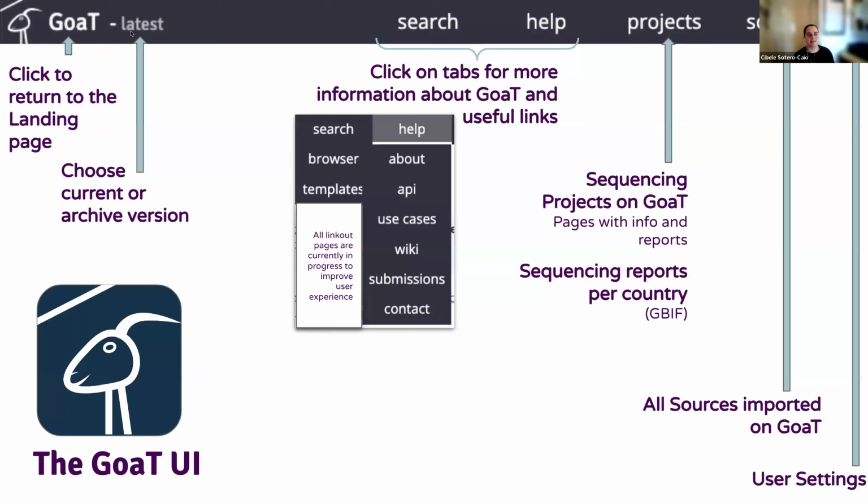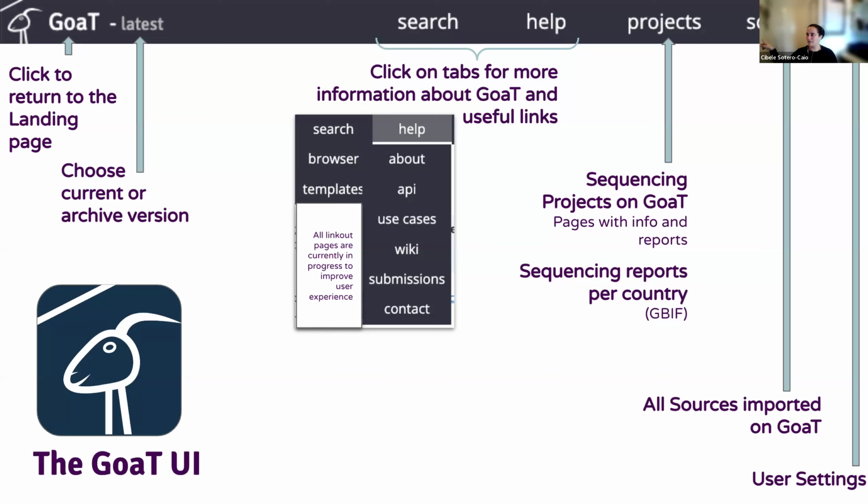This thing here says latest, but actually you can choose back in time how GOAT looked like. So let's say that you are publishing a paper in 2022, like the GOAT paper. We anchored all of the data and all of the links of that paper to that date, and we archived the data. So we are trying to keep archive versions every 3 to 6 months, so people can actually cite GOAT and create links that go back in time.